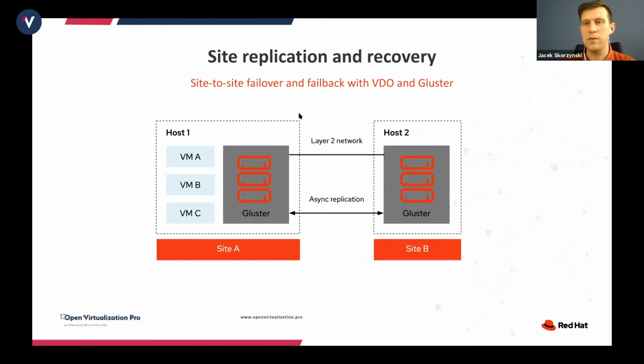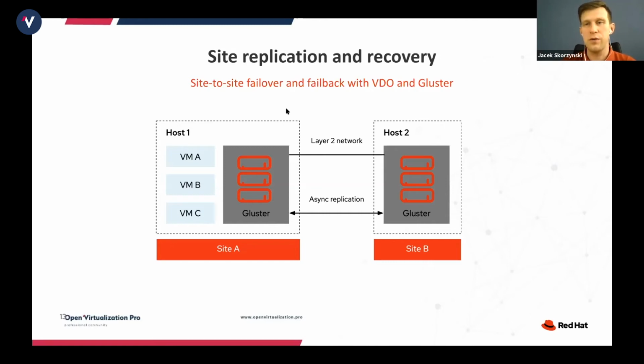We equip those machines with spindles or SSDs, and set up Gluster storage on top of them. Those machines are also hypervisors from the RHV perspective.